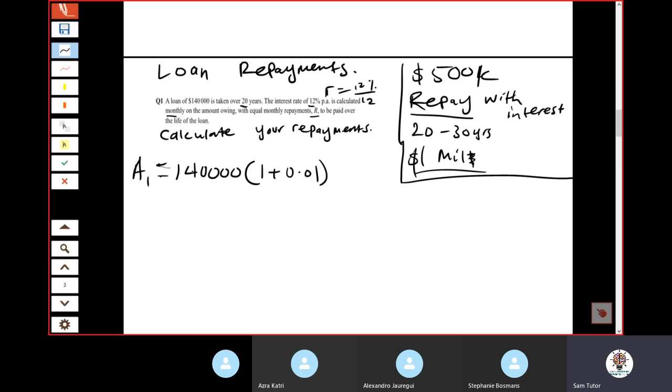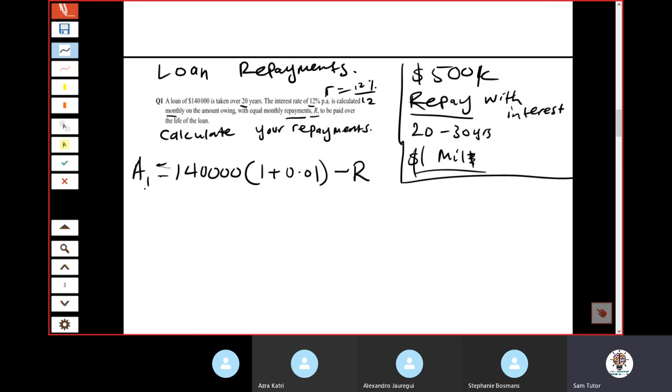Can you see that that's working out? After your first month, you've got 140,000 that grew by this much, and then what must happen at the end of the month? Minus your repayment. You must pay back some money. Does that make sense, Alex? They gave you 140K, so they're going to charge you interest.